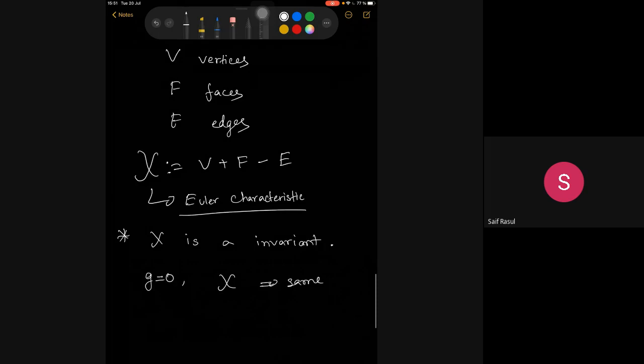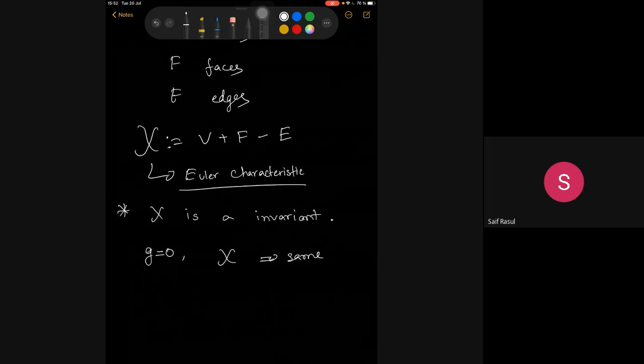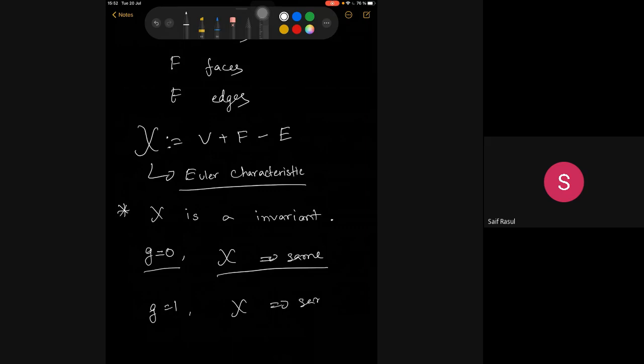For any surface you pick with genus 0, you will have the same Euler characteristic. Genus 1, same Euler characteristic. Genus 2, same. So for each of the genuses, you'll have a fixed Euler characteristic.